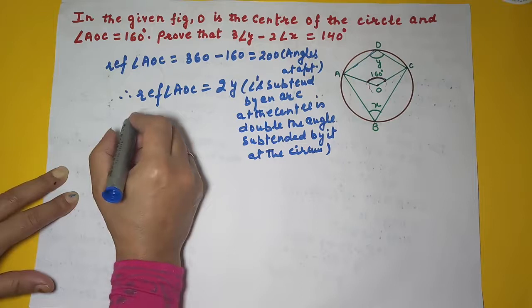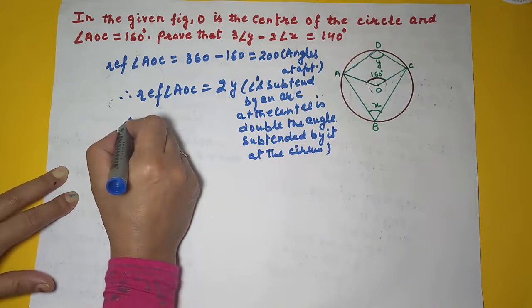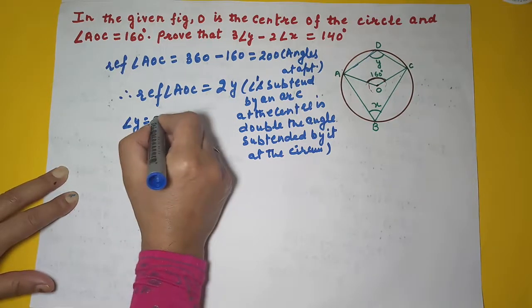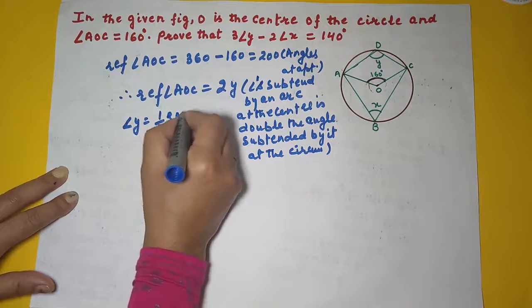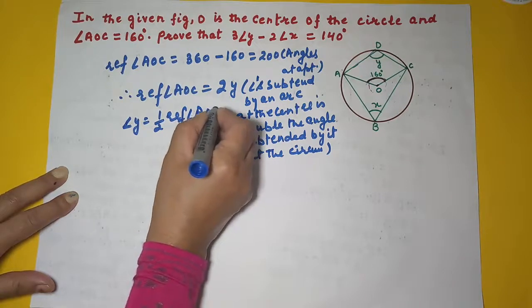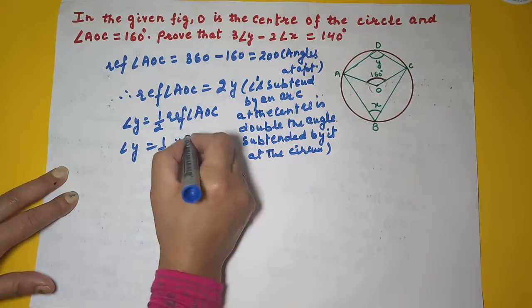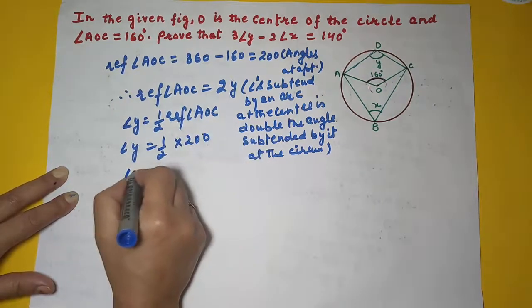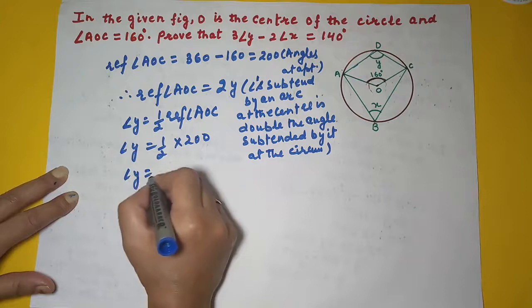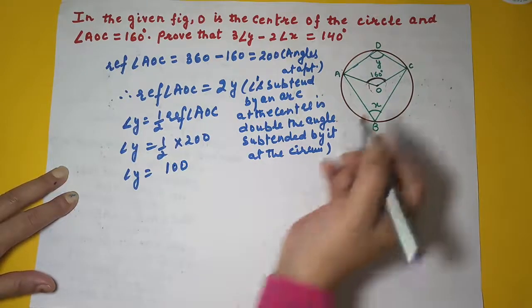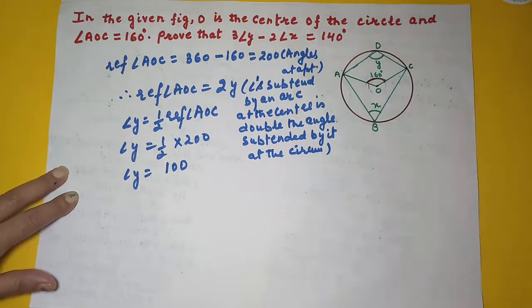Right? So you can say that angle y is equal to half of reflex angle AOC. So angle y is equal to half of 200, which gives your angle y as 100. So you have got this angle as 100.